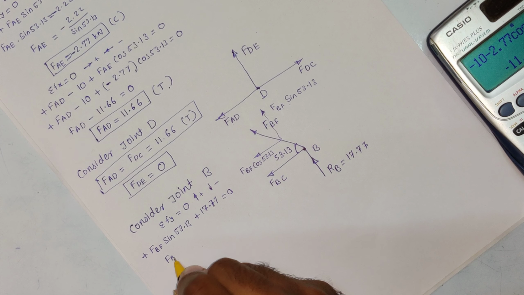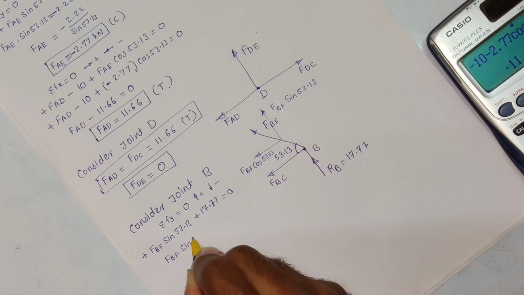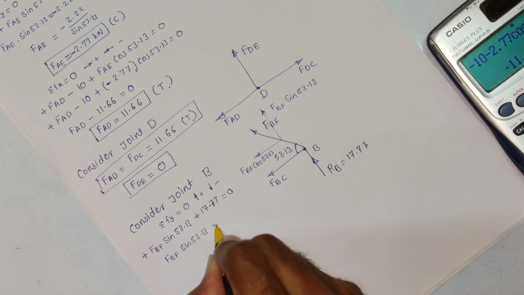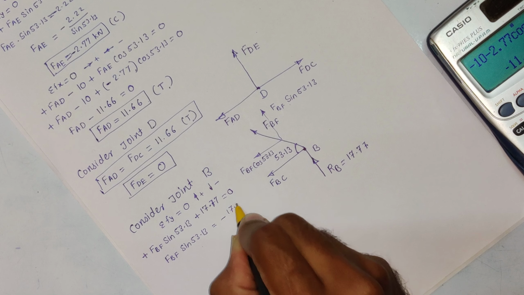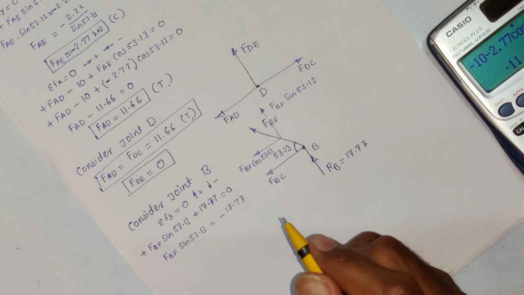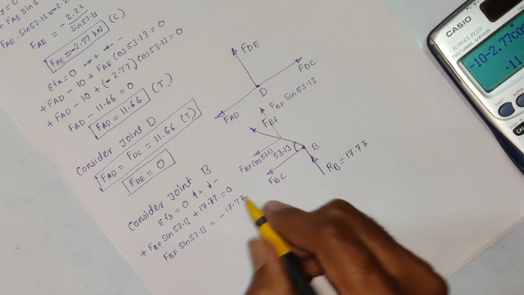So FBF sin 53.13 is equal to minus 17.77, right?